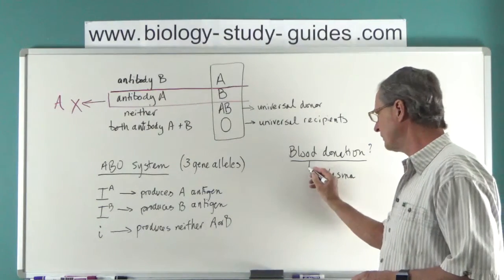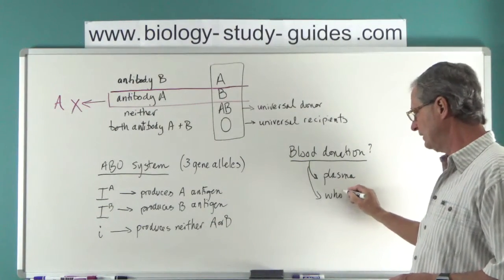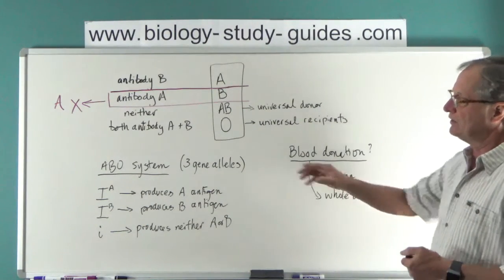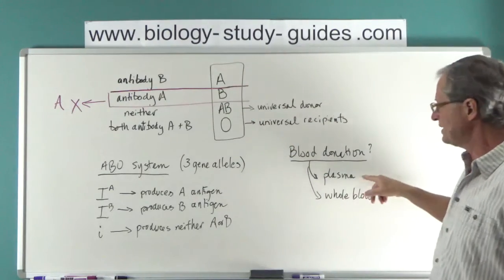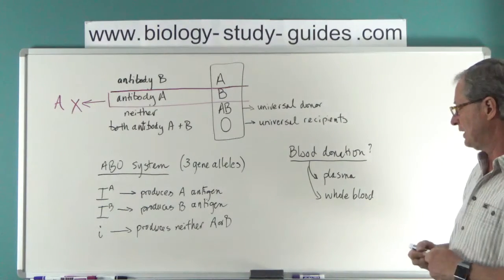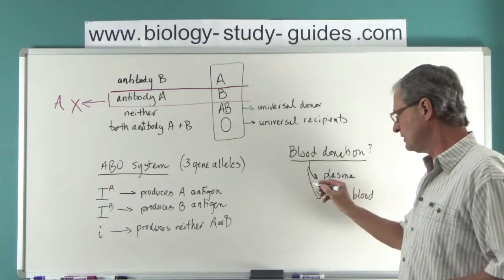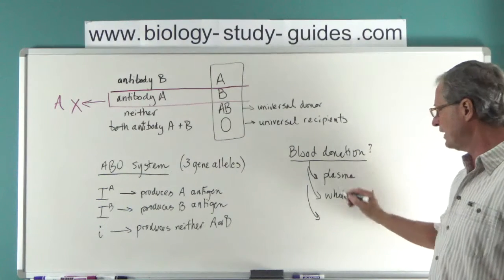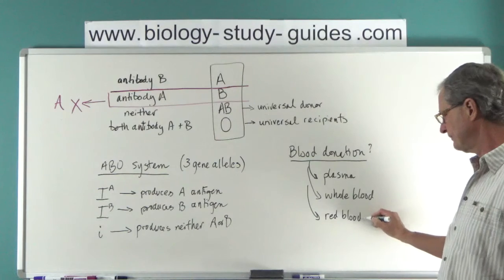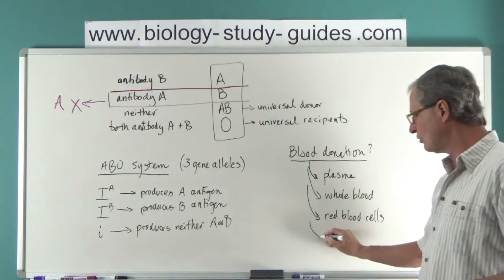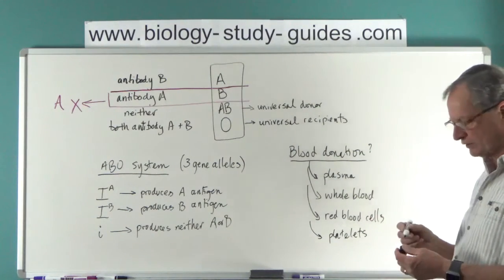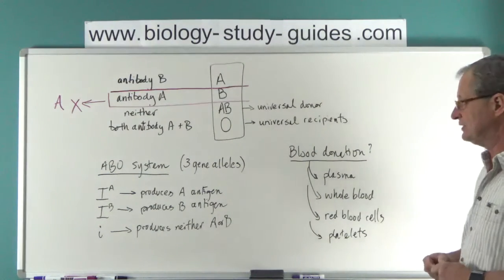But it's also possible that whole blood is being donated. So again, not only is what's present floating around in the plasma, but also what cells are being donated. So the whole topic becomes critical. At the same time, blood donations may only be donating red blood cells or platelets. It depends on what the person's requirements are, what the person's needs are.